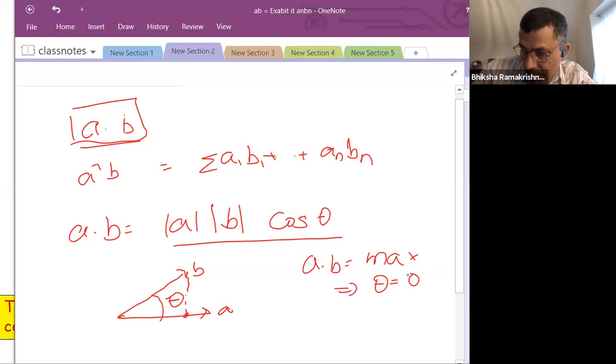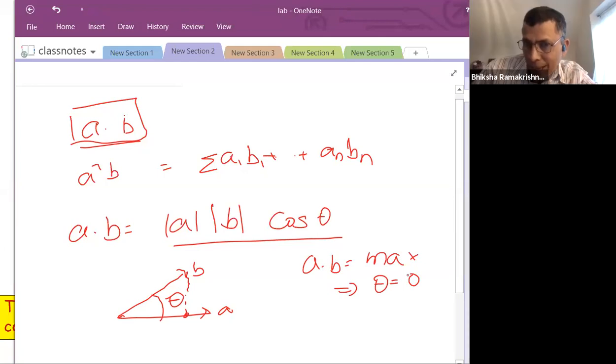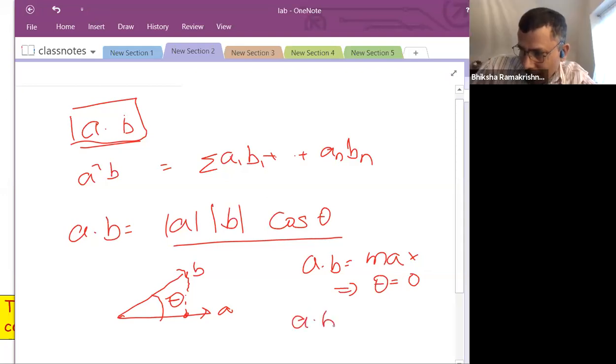When is it going to be minimum? Oh, 180. Exactly. A dot b equals min when theta equals 180.